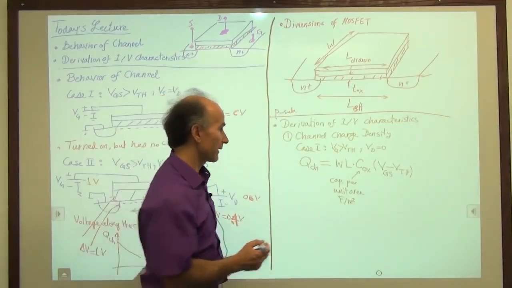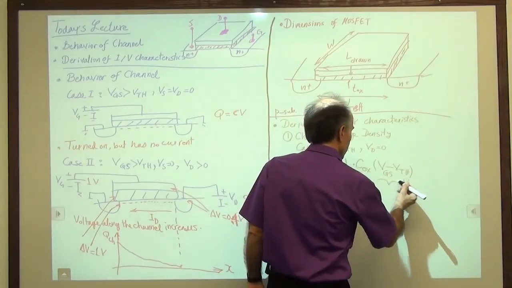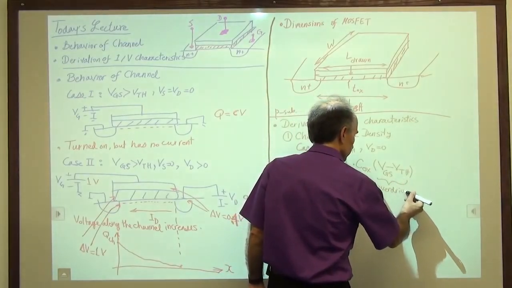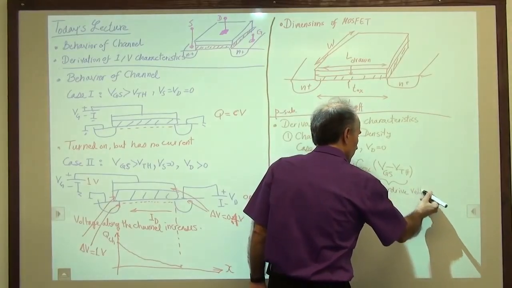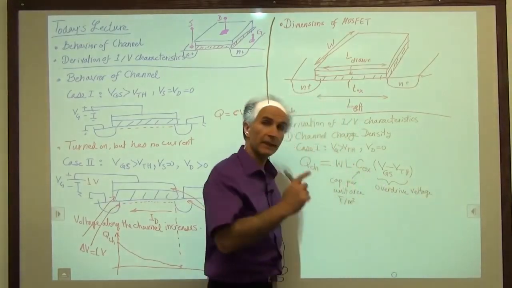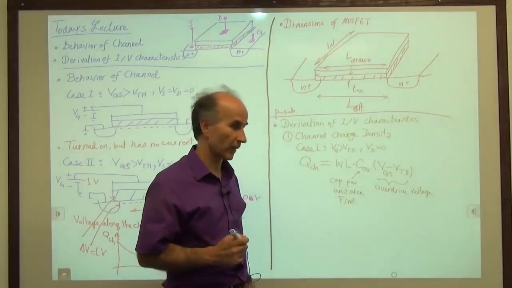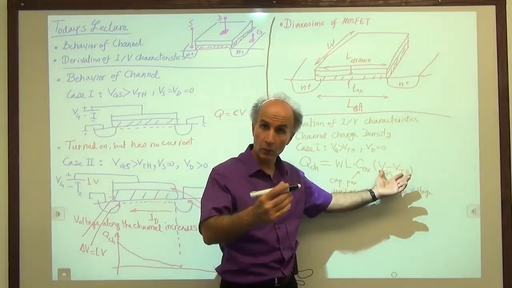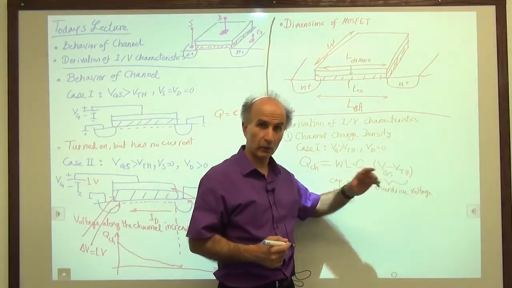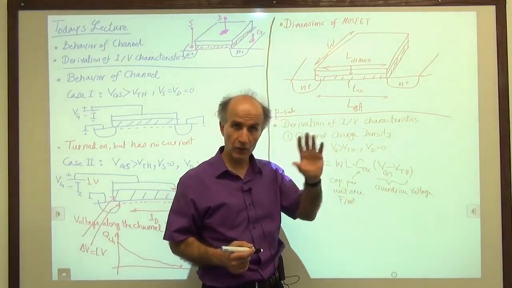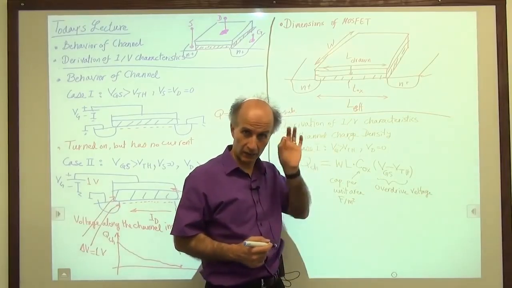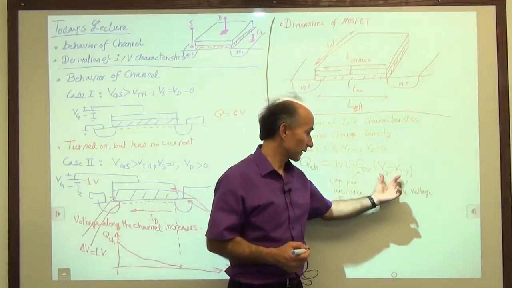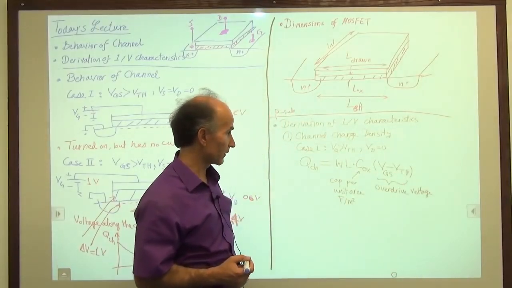And this has a name. This is called the overdrive voltage, or more specifically, the gate source overdrive voltage. And by overdrive, we mean whatever we have above and beyond one threshold. If we had only VGS equals VTH, we still had no channel, very little channel, right? So it's beyond the VTH that we would have a channel. That's why this is called the overdrive voltage.